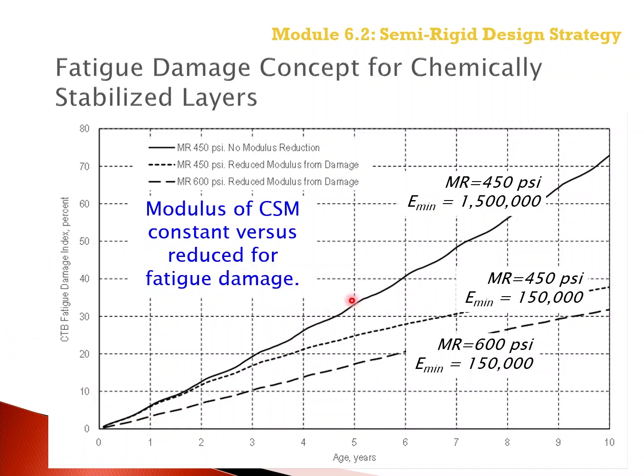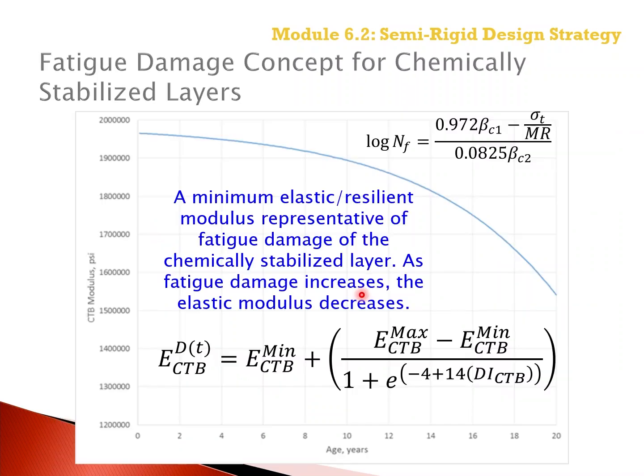The solid black line means that there is no modulus reduction. In other words, going back to the previous slide, E minimum is equal to E max. So there is no reduction in the modulus with increasing fatigue damage throughout the design life of the semi-rigid pavement.